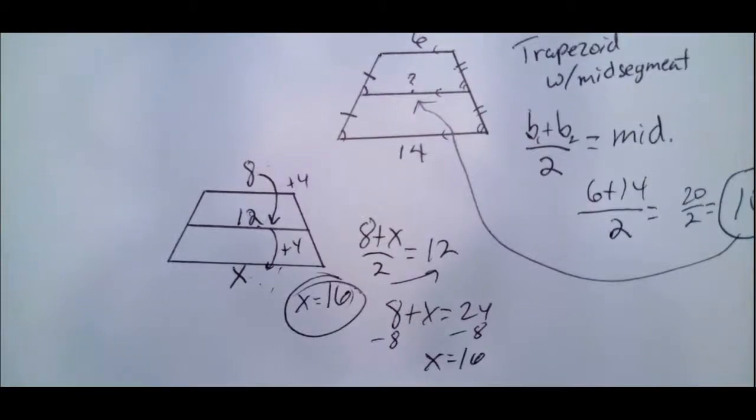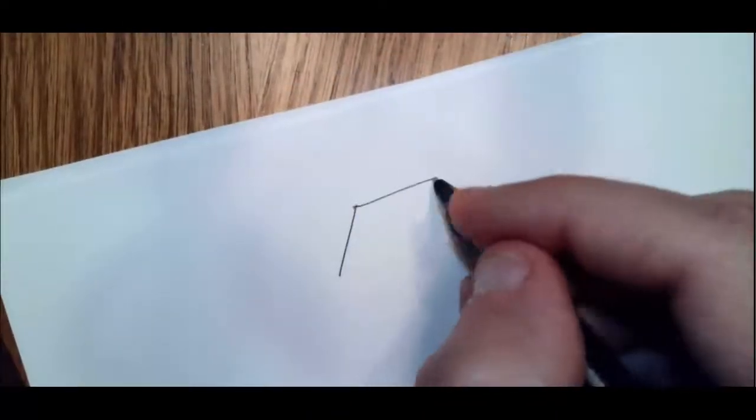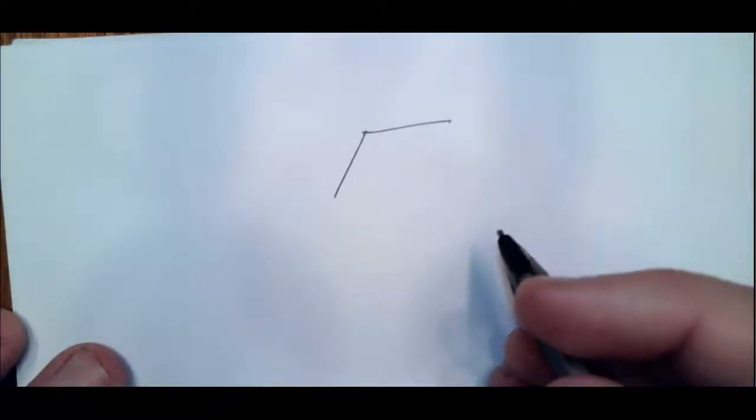All right, now the last thing I need to show you, which is actually probably the most difficult part of this lesson, is let's go ahead and draw in another trapezoid.